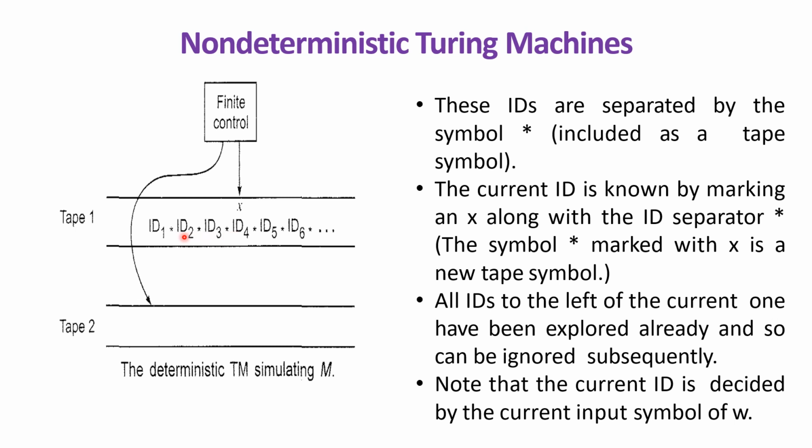All the IDs to the left of the current one have been explored already and so can be ignored subsequently. Note that the current ID is decided by the current input symbol of W.